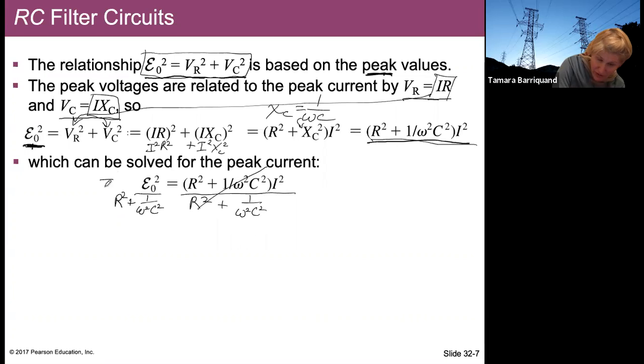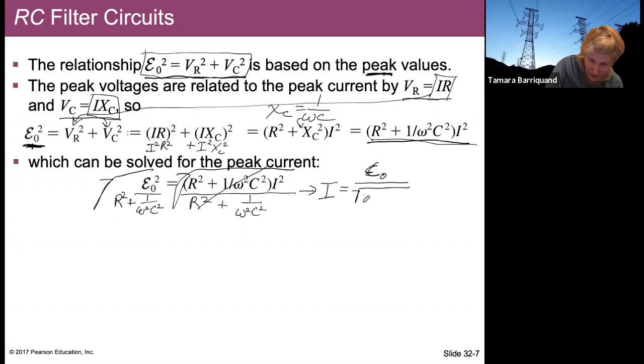And then I need to square both sides. And so I see that the peak current will be equal to my peak EMF over the square root of R squared plus 1 over omega squared C squared.